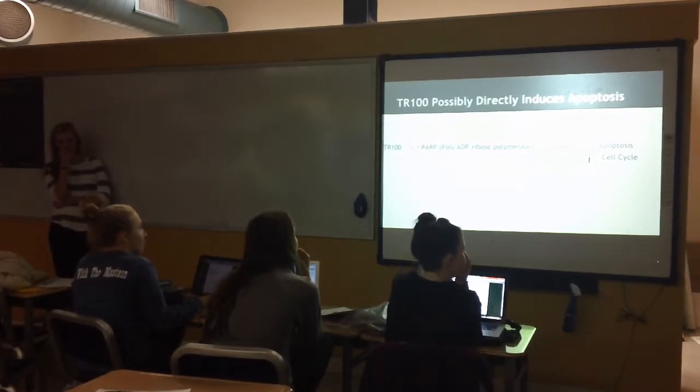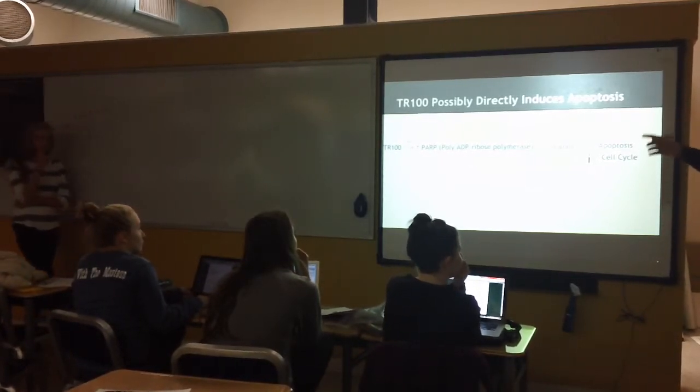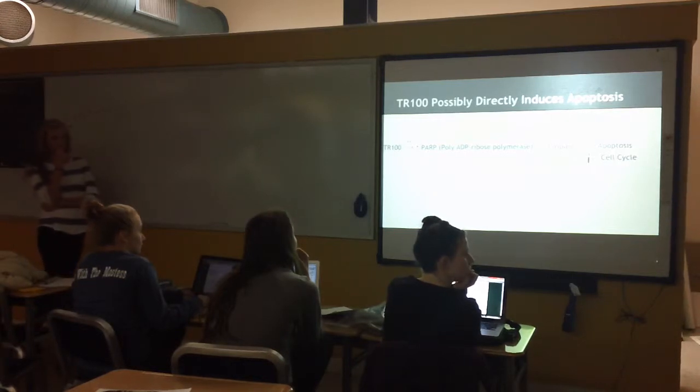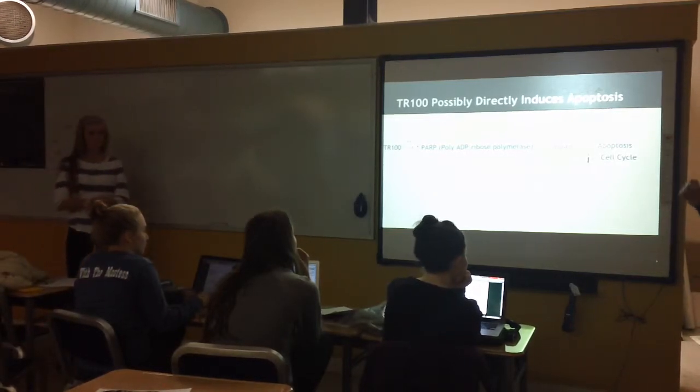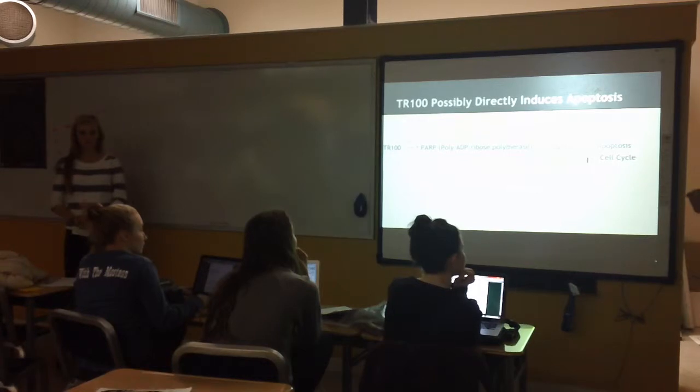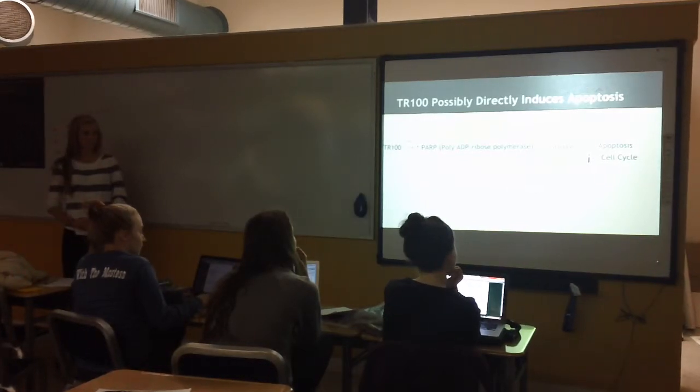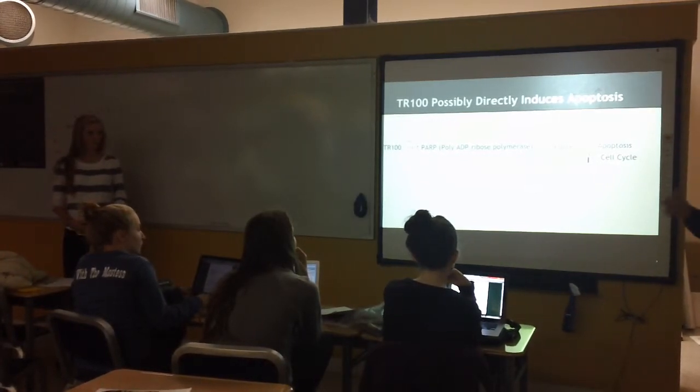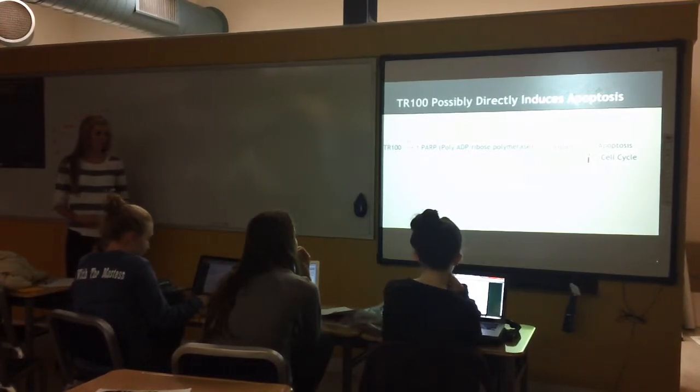We don't have proof of how TR100 does this in cancer cells but not in healthy cells. But we do have data, as we'll see later in the presentation, showing that the size of the tumor which TR100 is targeting was reduced.